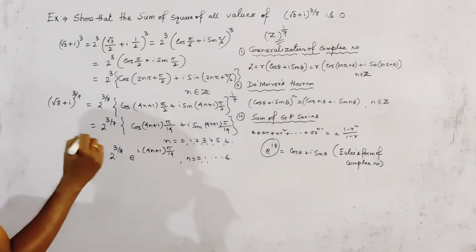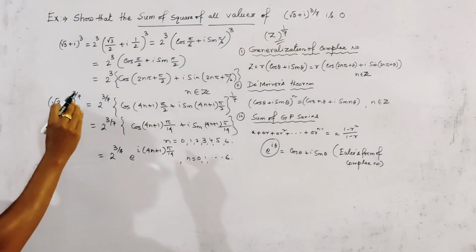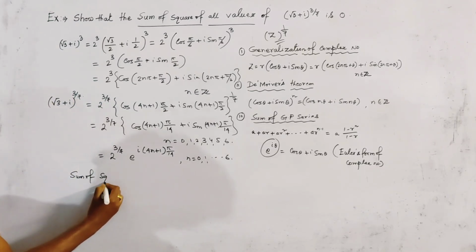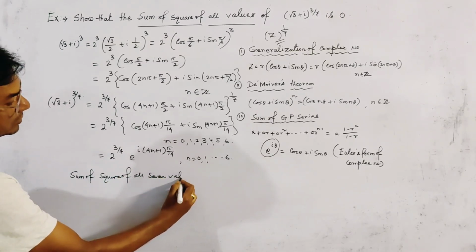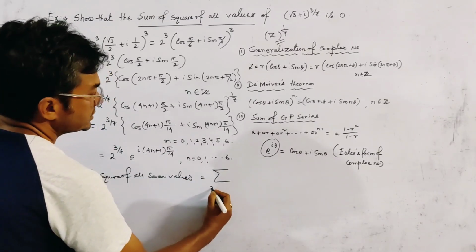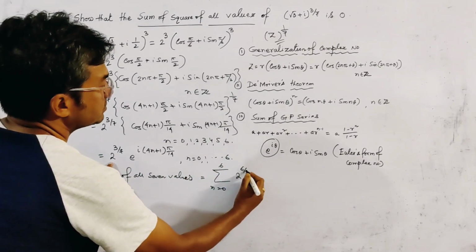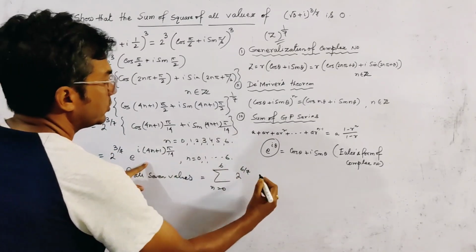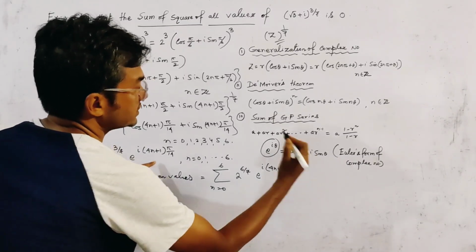Now we have to find the sum of the square of all values, that is the sum of the square of all 7 values. So we get the sum of square of all 7 values, written as summation n equal to 0 to 6, and the square is 2 to the power 6 by 7, because (2 to the power 3 by 7) whole square, and by taking the square we get e to the power i into (4n plus 1) into pi by 7.